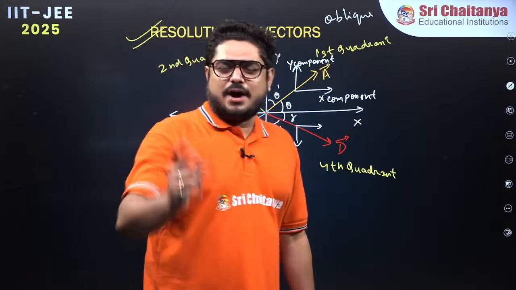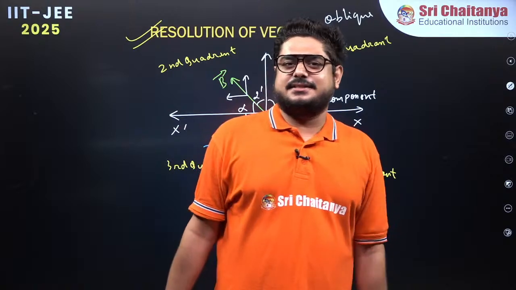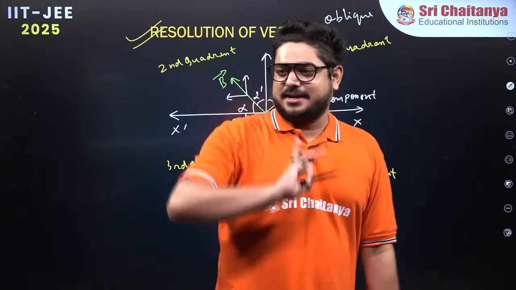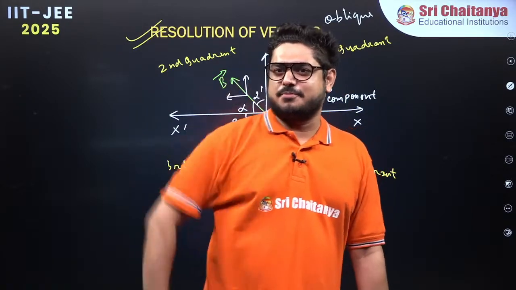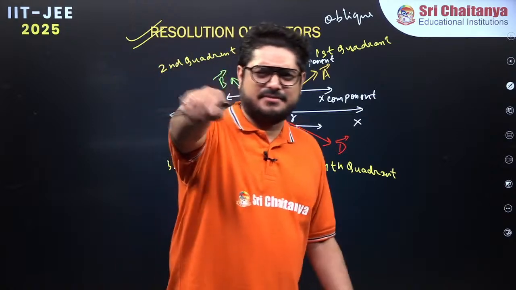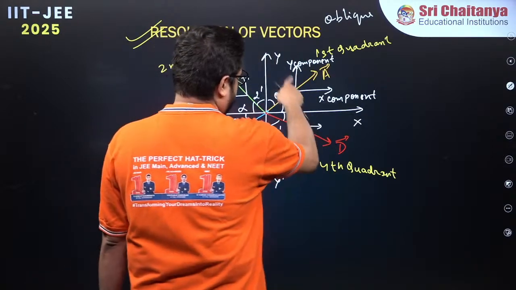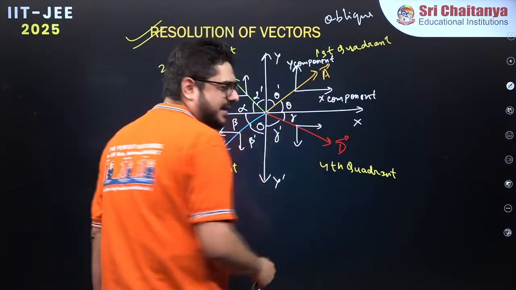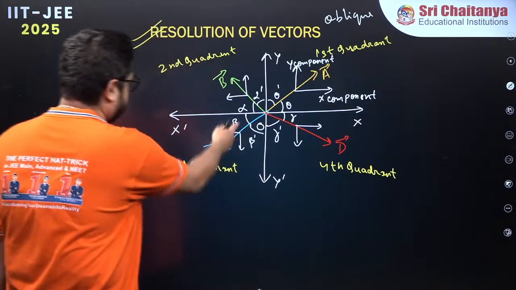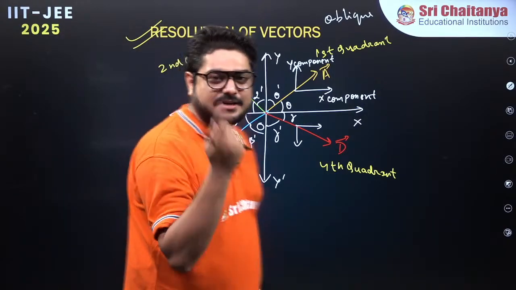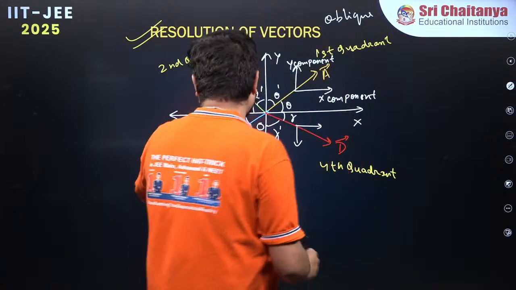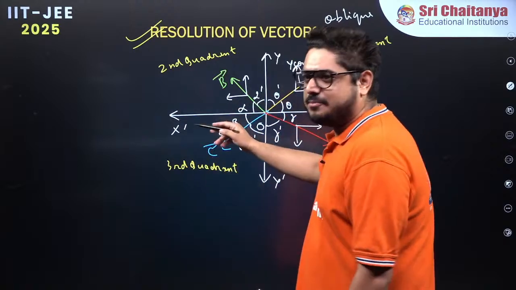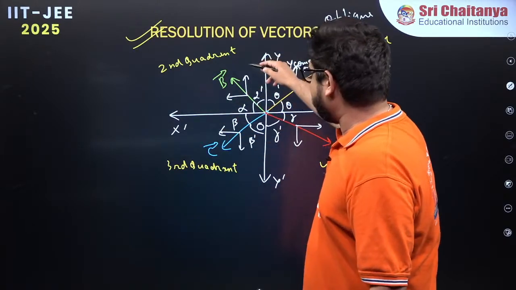So now what is going to be the X component or the Y component? Now choosing the sign is the most important thing, and you know the sign convention very well. So the X component for A vector will be positive, and the Y component has to be positive. For B vector, along the negative direction of X axis, the X component has to be negative, and the Y component of B vector has to be positive.